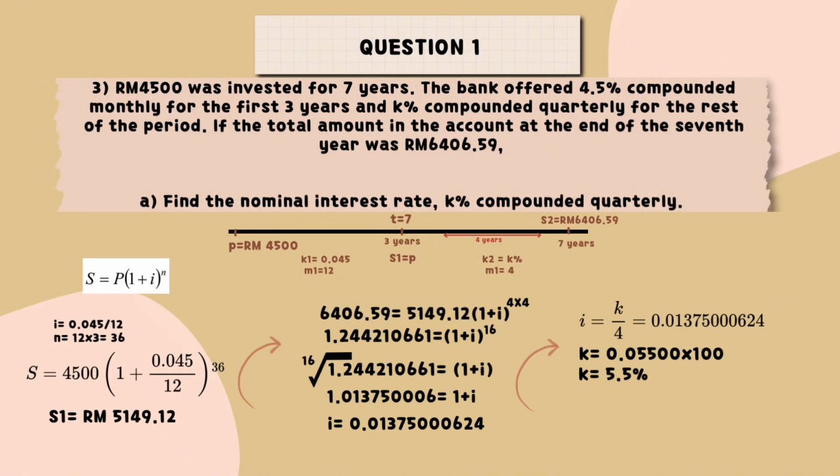We must get S for the first 3 years. So, the S for the first 3 years is known as P for the next period. So, you just put all the information and you will get the answer K equal 5.5%.